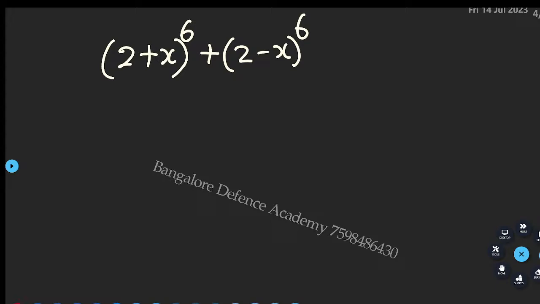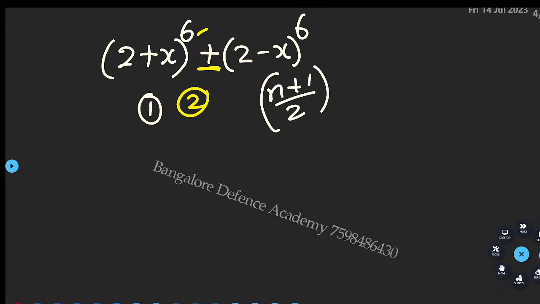What you will do? Step number 1. You have to check what is the sign here. Plus. Okay. Step number 2. You have to check whether this is even or odd. Even. I give you 3 formulas. N plus 1 by 2 is the formula if it is odd. Then you have n by 2 plus 1, and then n by 2.